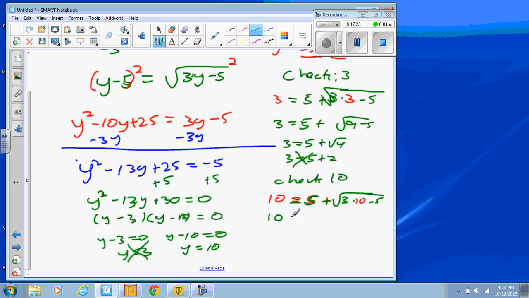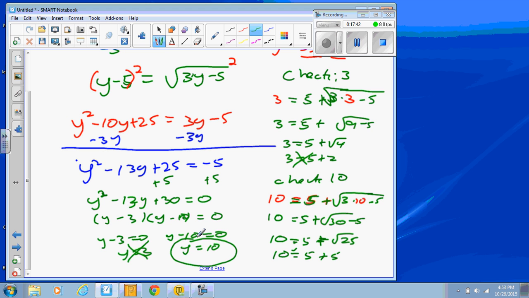So I have 10 equals 5 plus the square root of 30 minus 5. 10 equals 5 plus the square root of 25. 10 equals 5 plus 5, and that's true. So 10 is my only solution to number 13.